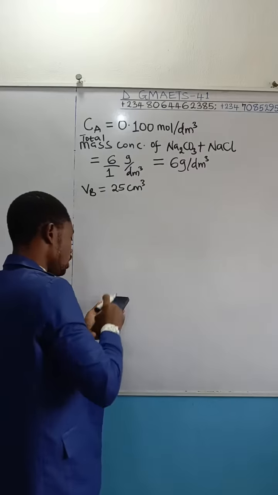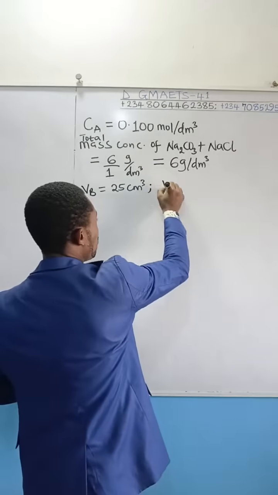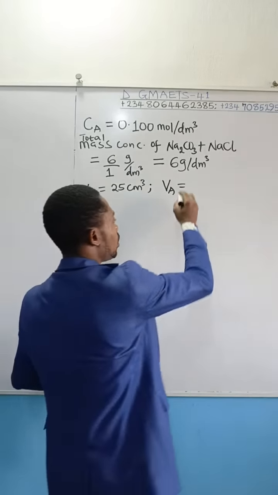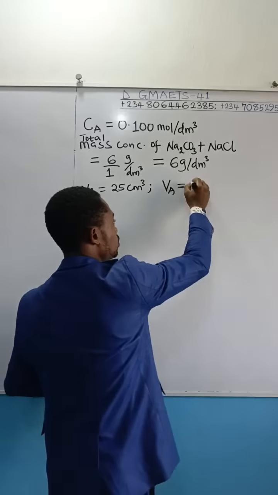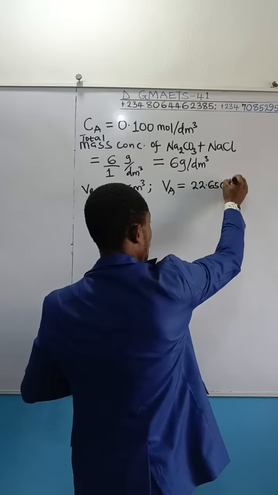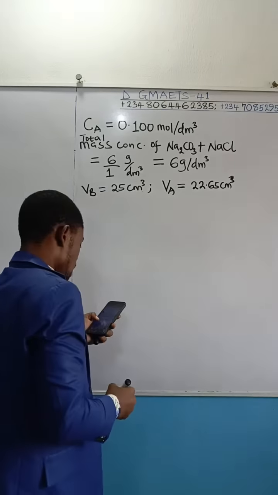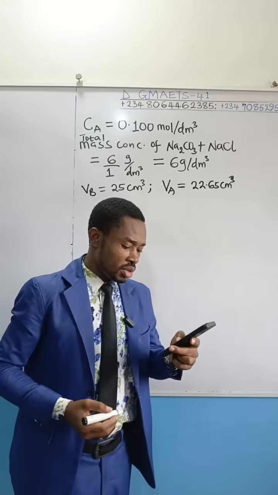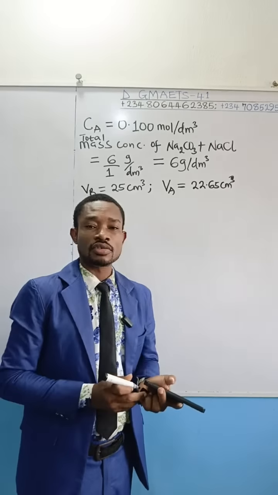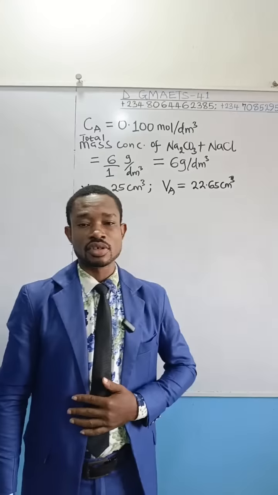It required an average of 22.65 cm³ of A. So volume of A, which is the average volume or the titre value, the average volume of acid used, is 22.65 cm³. And then I think that's all the information given, and we are asked to calculate the molarity of sodium carbonate.